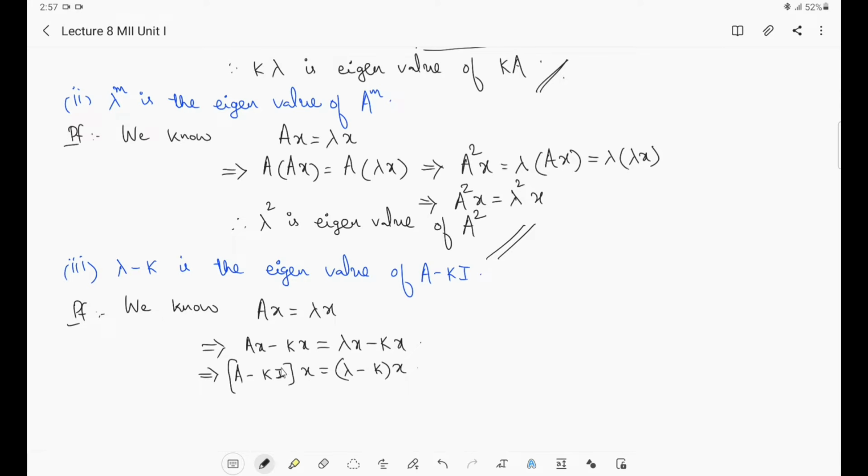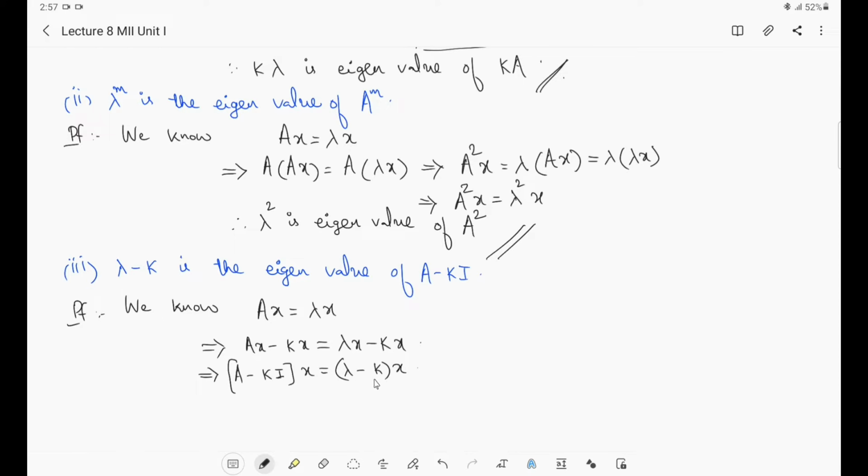If I don't write this I, it will not give me a proper expression, because A is a matrix and k is just a constant. So a constant cannot be subtracted from the matrix, only matrices can be subtracted from the matrix, right? So here when I am taking the matrix outside, I have to add this 1. 1 means in matrices 1 is I, but here lambda is a number, k is a number, so x can be taken out because these two are numbers, right?